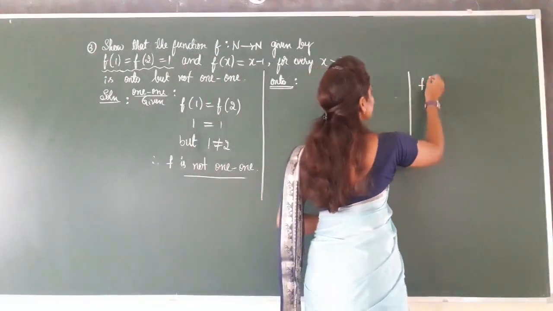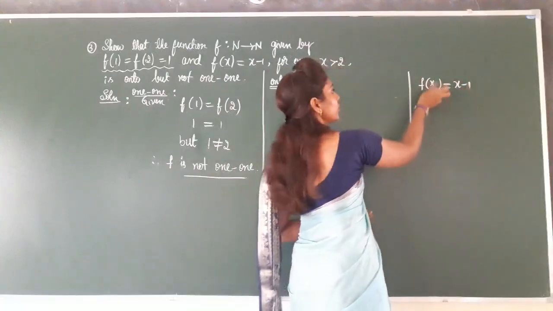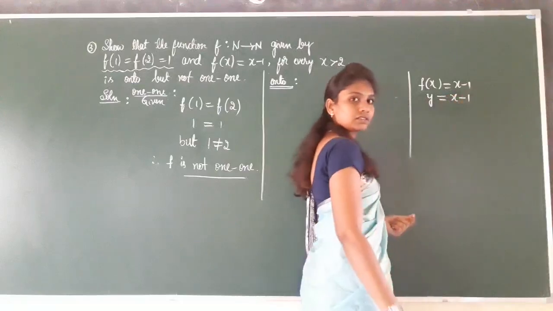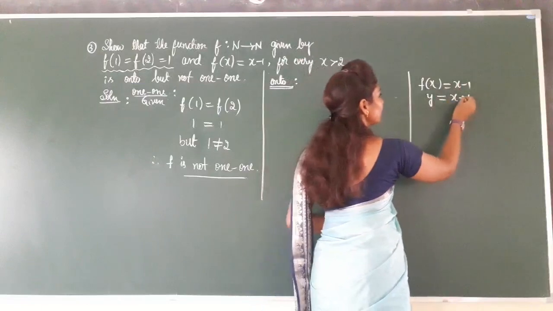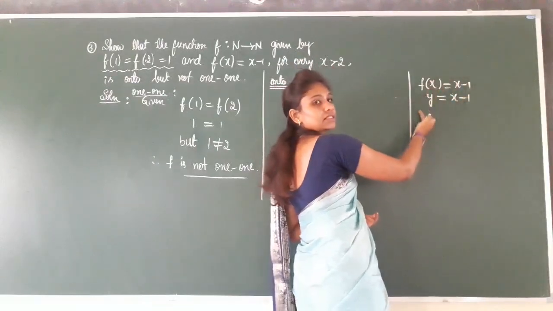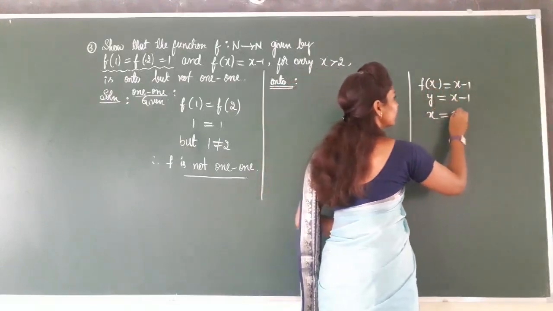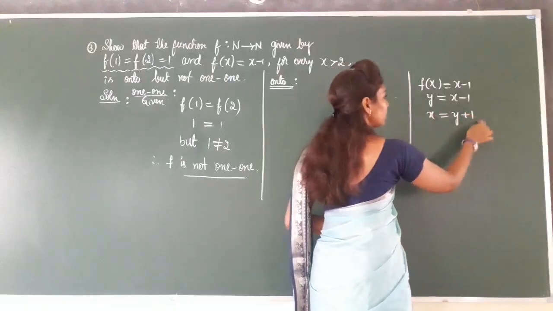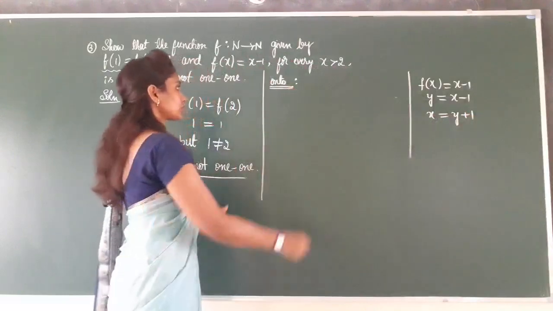The value of f of x is y, which is equal to x minus 1. Y is equal to x minus 1. Then for the value of x, transpose minus 1 to the LHS, we get plus 1. That is, the value of x is equal to y plus 1.